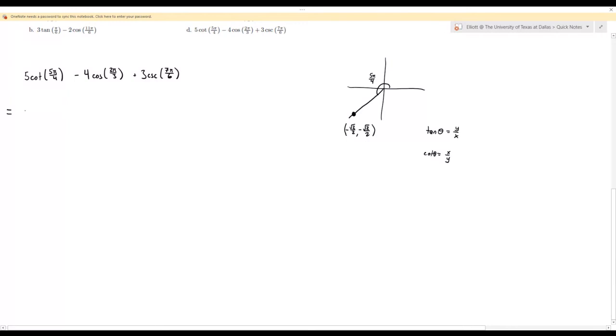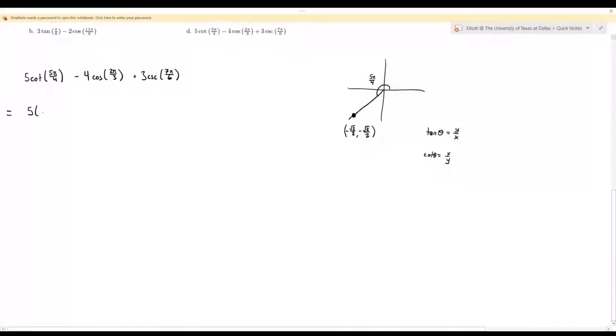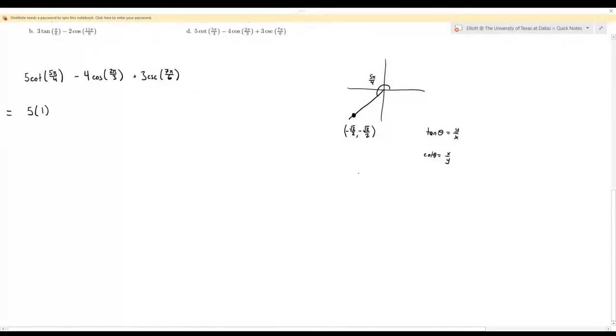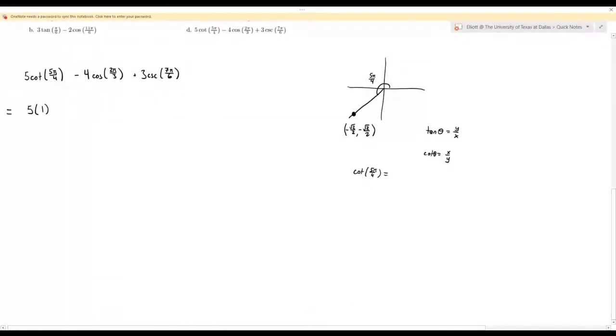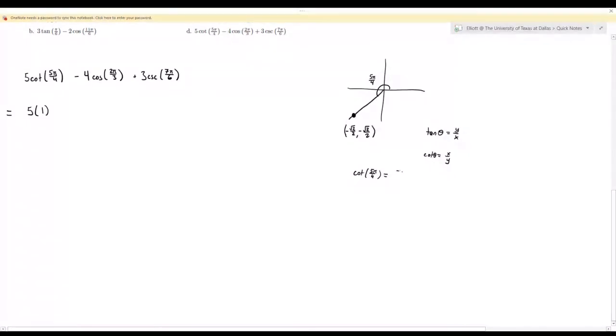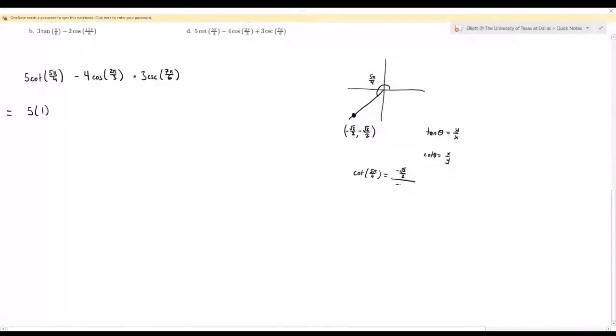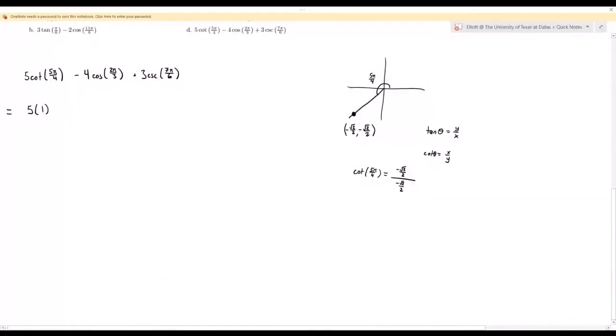So cotangent 5 pi over 4 should just be equal to 1 altogether, okay? So maybe I'll write that out just to be sure we can see that. It's the x-coordinate, which is minus √2 over 2, but then over the y-coordinate, which is the same. So they'll completely cancel out, leaving you with 1 over 1, which is just 1, okay?